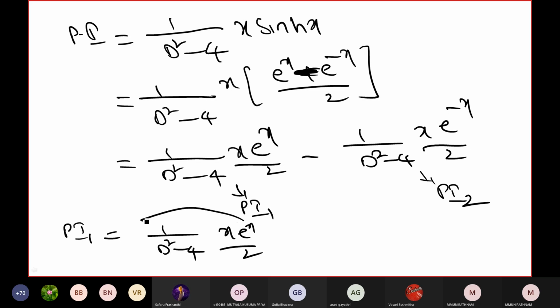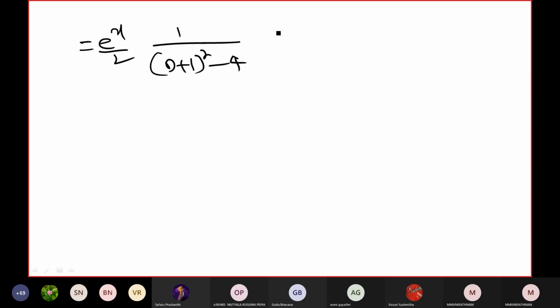To move e power x to the front, replace d by d plus 1. Then e power x by 2, 1 by (d plus 1) whole square minus 4, x.